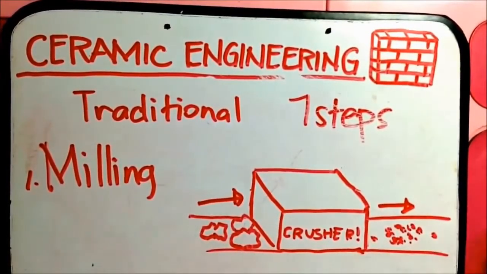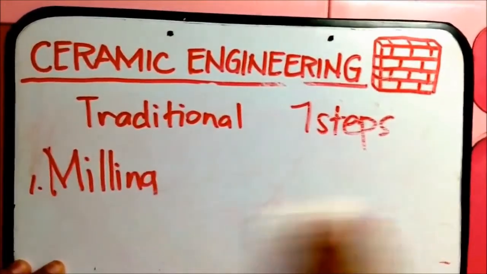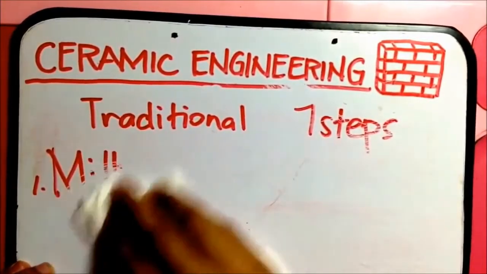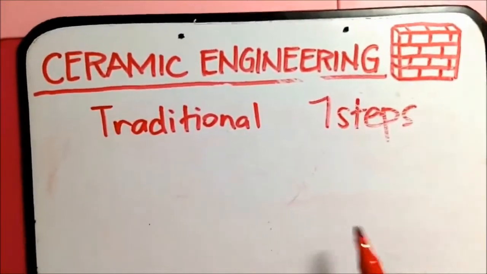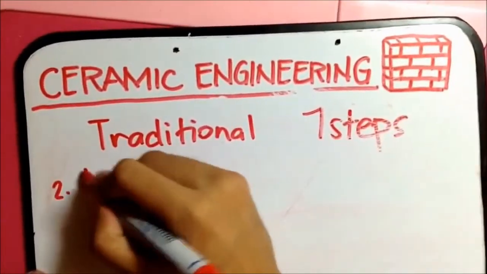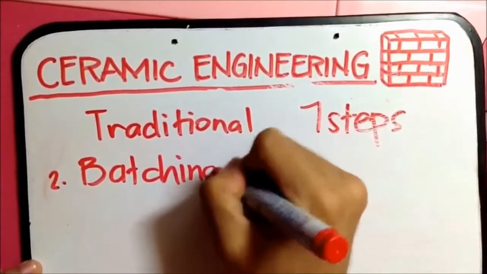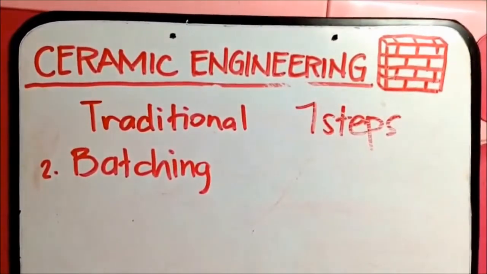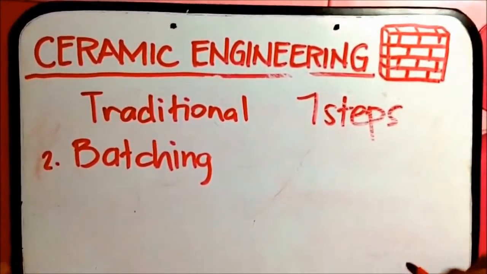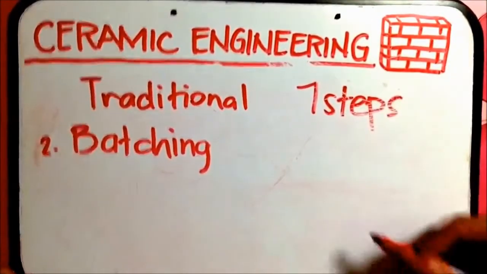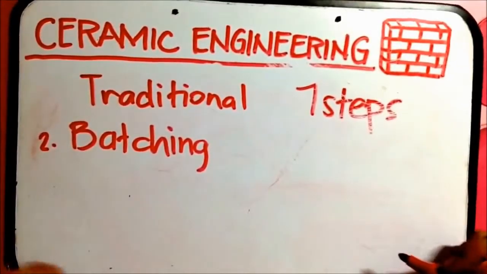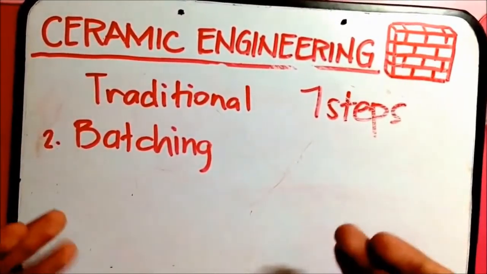Next step is batching, in which the oxides which will be added to the materials are weighed.